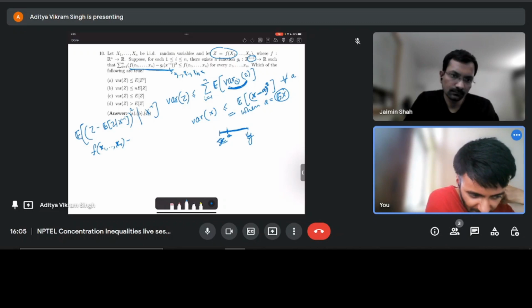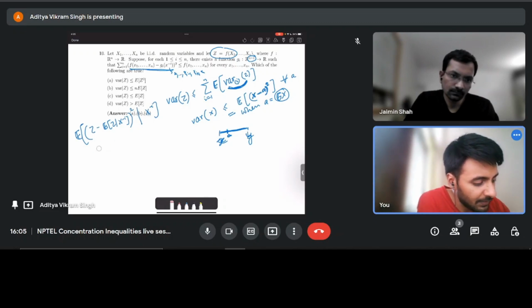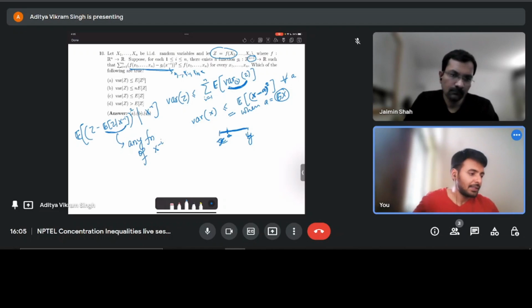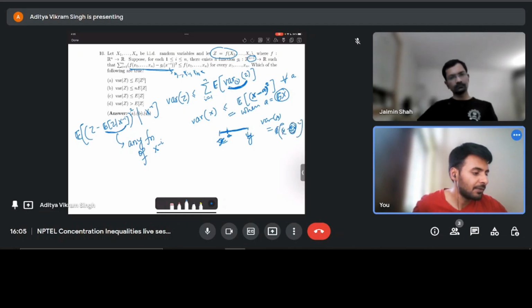So the thing is that you can replace this quantity, the expectation of Z given X_{-i}, with any function of X_{-i}, just like the variance of X is the expectation of (X minus expected X) the whole square, where we could replace this expectation of X with any number a, right?